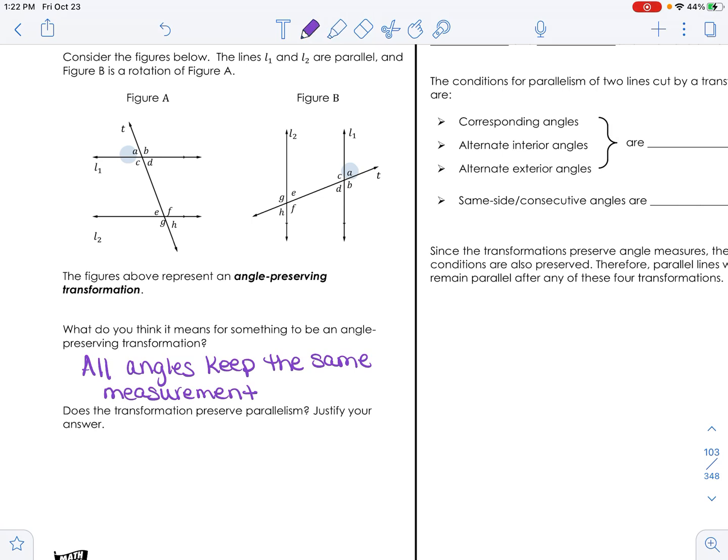Does the transformation preserve parallelism? Okay, so are our lines still parallel? Yes.